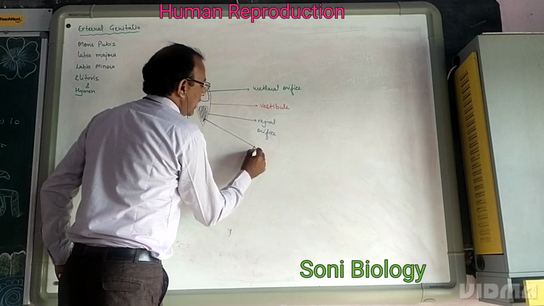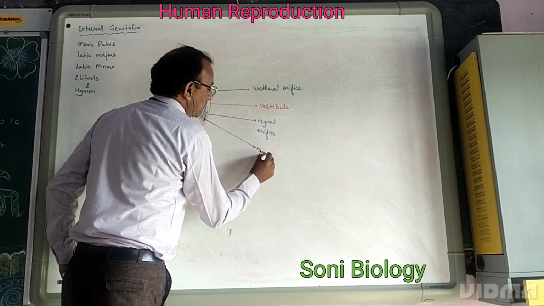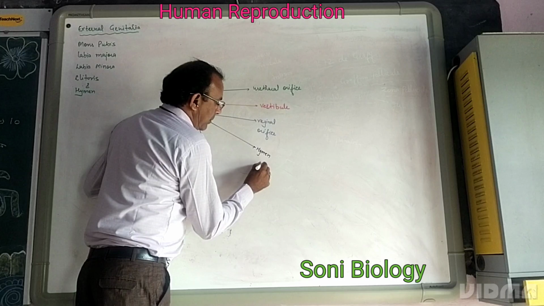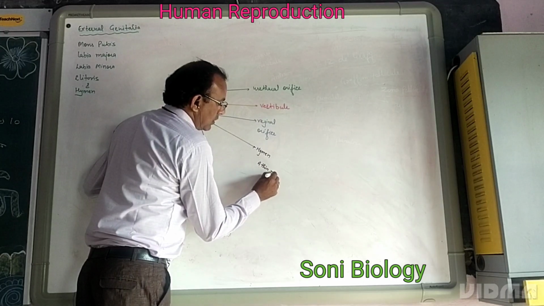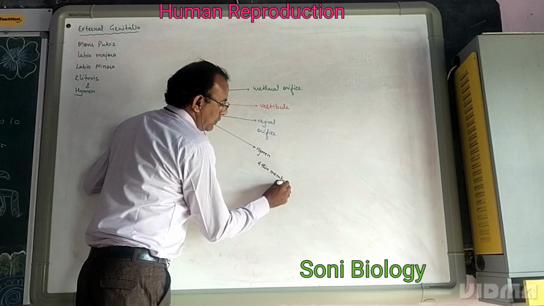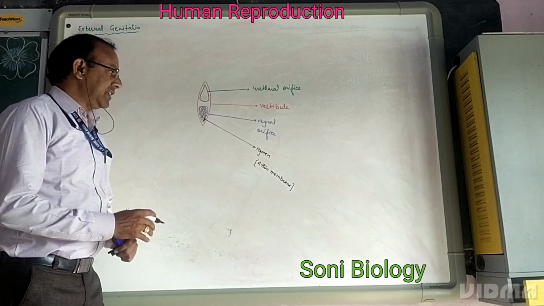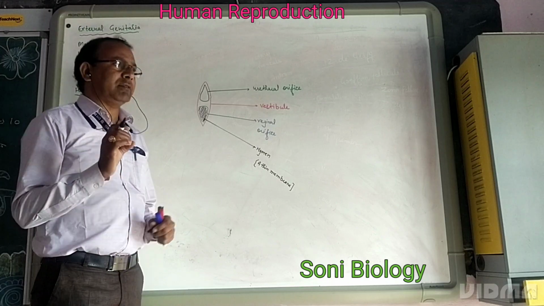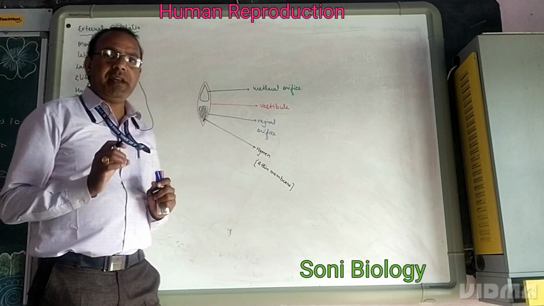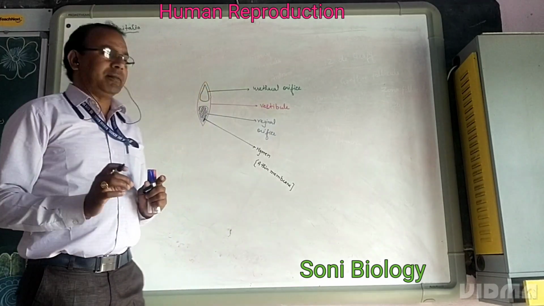This thin membrane is called hymen. In some countries, hymen is related to virginity.